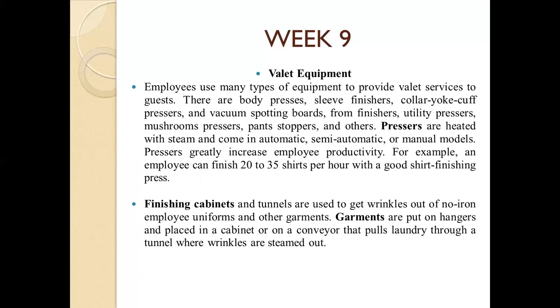Garments are put on hangers then placed in a cabinet or on a conveyor that pulls laundry to a tunnel where wrinkles are steamed out. So we have talked about the equipment used in laundry. Again, we have our washers, our extractors, our dryers, our flat work finishes, which are our folders and ironers, and then valet equipment.